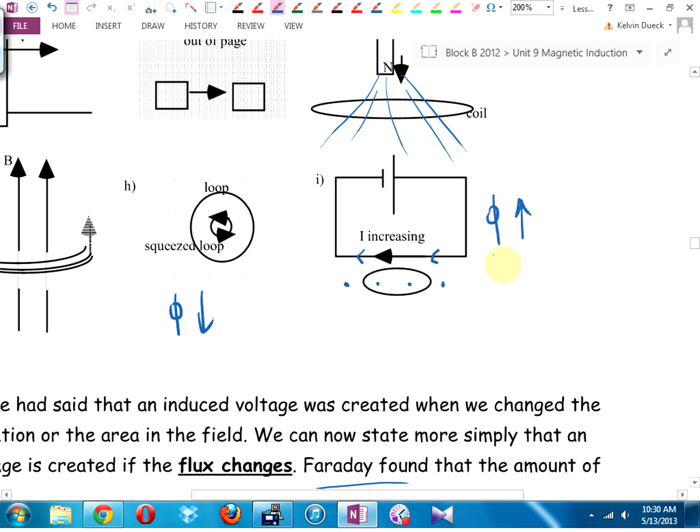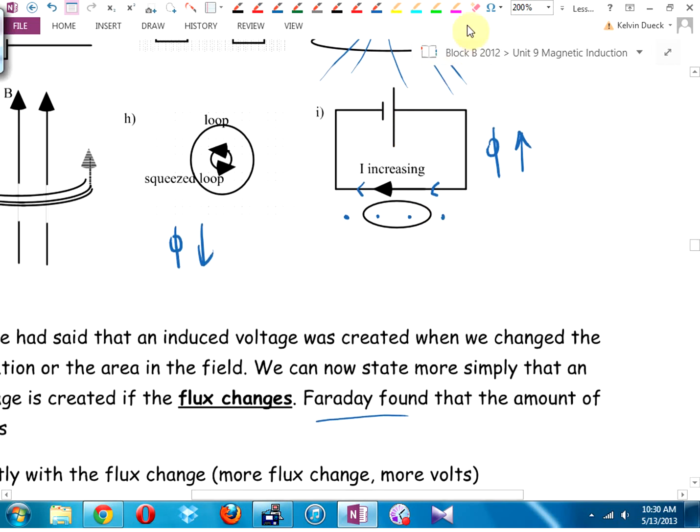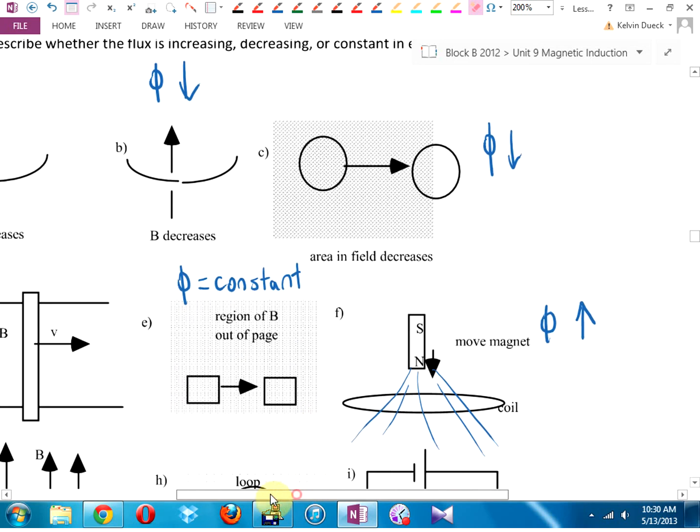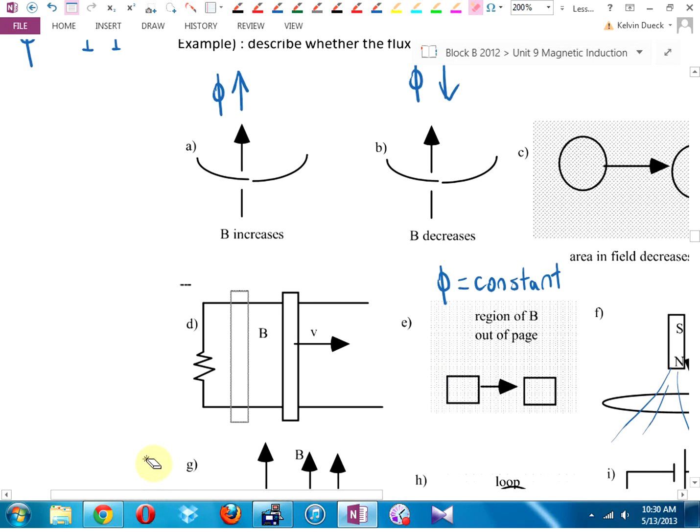Let's go back and look at situation D, the one that I skipped temporarily. I'm going to tell you that in situation D, the flux is increasing. Now the magnetic field is not increasing. What is increasing is the area. Which area?